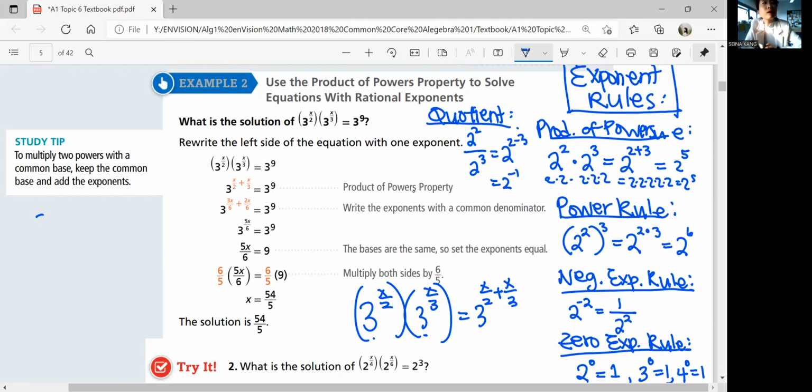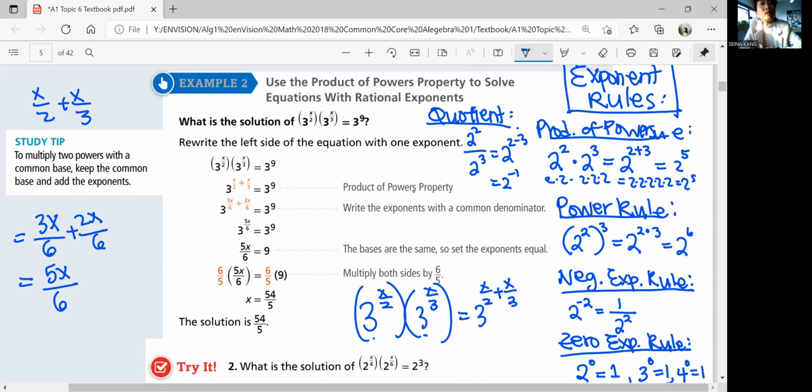That's really going to be 3x over 6 plus 2x over 6, right? Because x over 2 plus x over 3 is equal to 3x over 6 plus 2x over 6 if you rationalize the denominator. And then if you add them, you get 5x because x terms are like terms. 3x plus 2x is 5x over 6. And so you have 5x over 6 as a power.